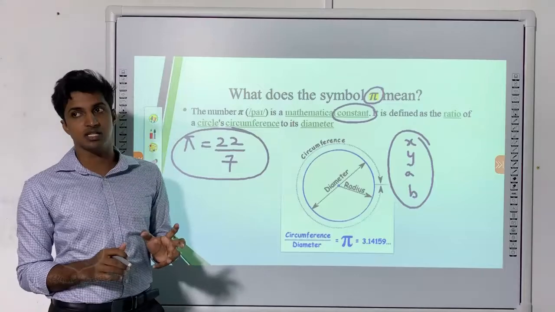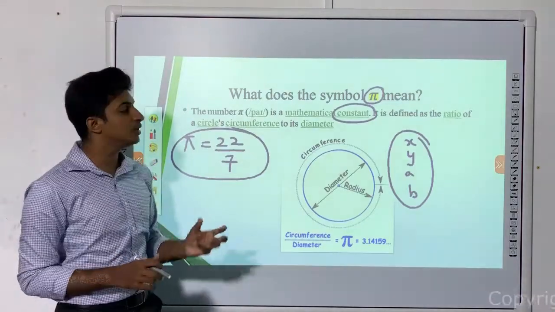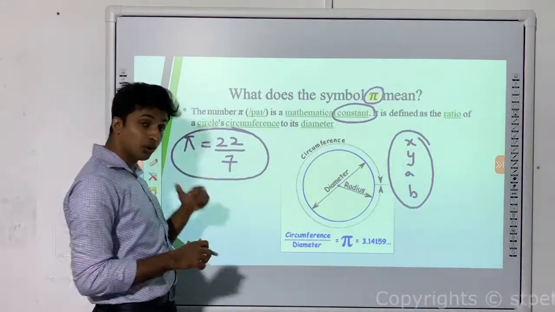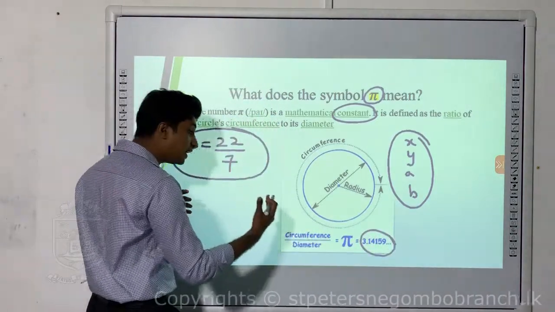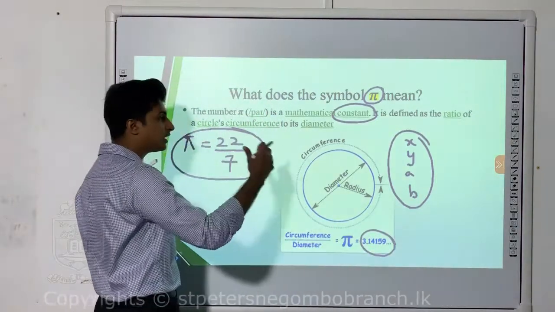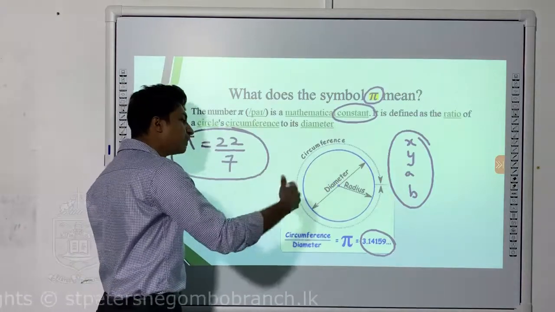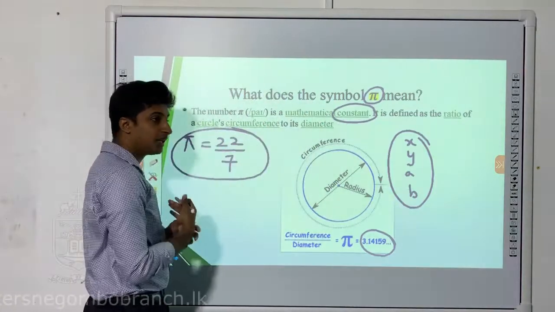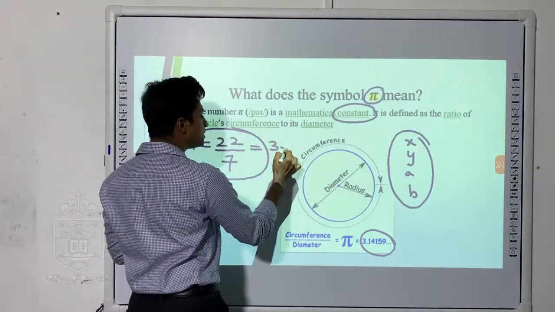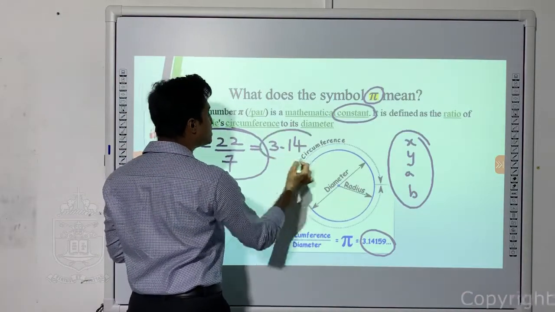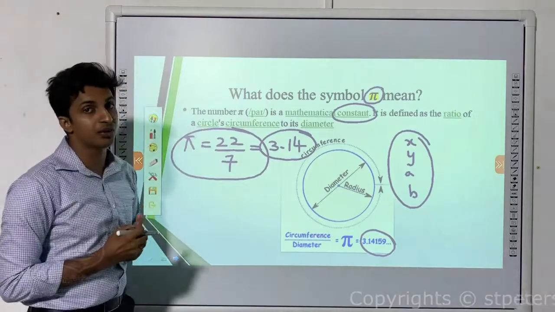It is not changing. For any question, you have to use 22 over 7, but we also use the decimal 3.14159. It is not stopping, it will be recurring, moving infinitely. So we use a rounded off, nearest value, 3.14.